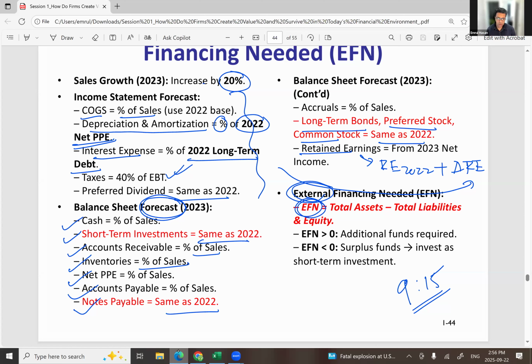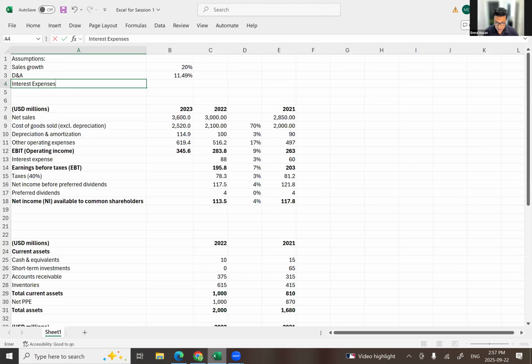So they will tell you that it is this percentage of last year long-term debt and this percentage of last year notes payable, if you want to make it a little bit more real and of course complicated. But we are just saying these notes payable are not accruing interest for some reason, which is a bad assumption. Okay. But let's go with what we are given, right?